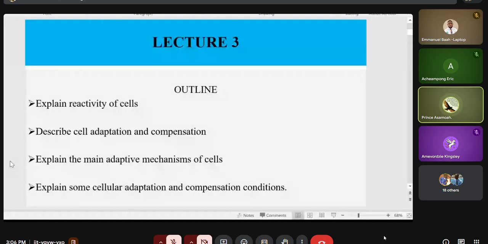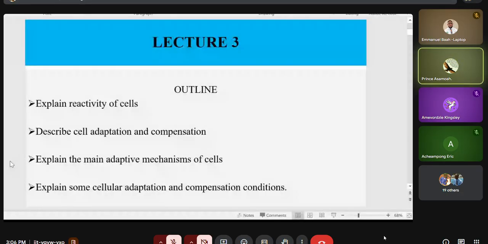we should be able to explain reactivity of cells. Second, we should be able to describe cell adaptation and compensation.